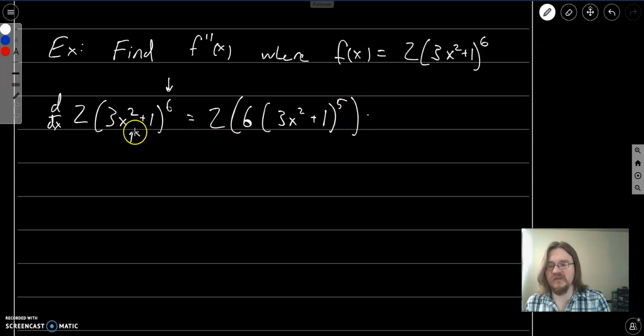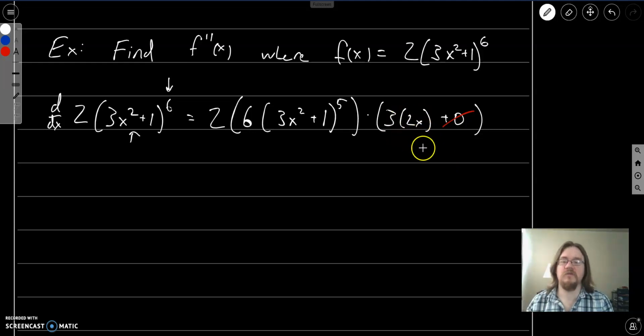And then I have to take it times the derivative of what's on the inside. So the derivative of 3x squared plus 1 is going to be 3 times 2x, the derivative of x squared being 2x, plus 0. So that guy goes away.